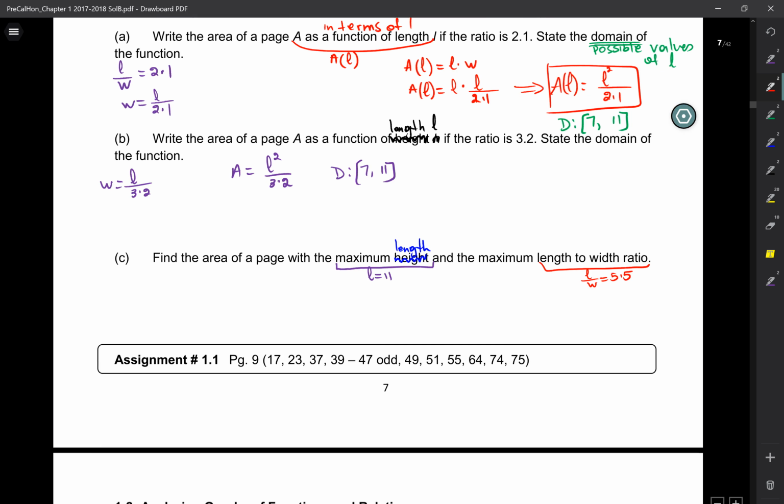Okay, so based on our function there, A is L squared over 5.5. And now A of 11 is 121 over 5.5. How much? 22 what? Inches squared.